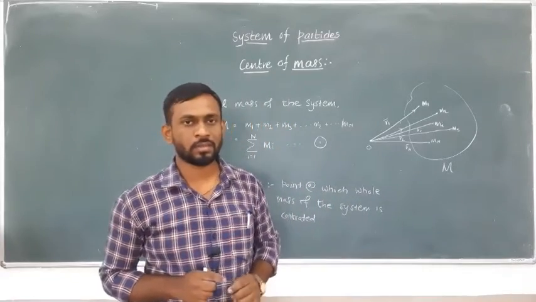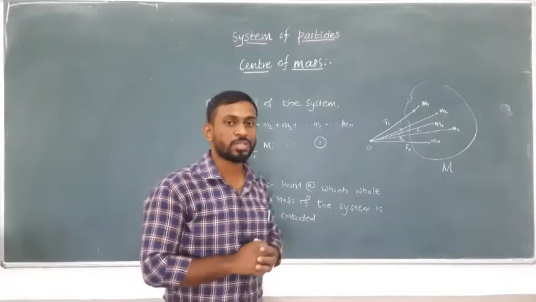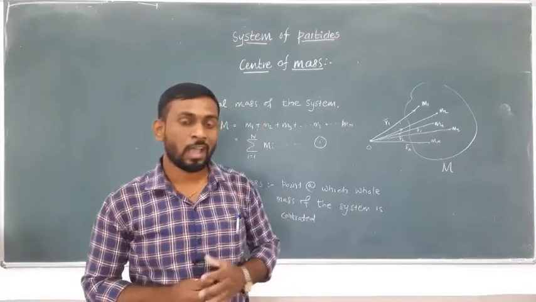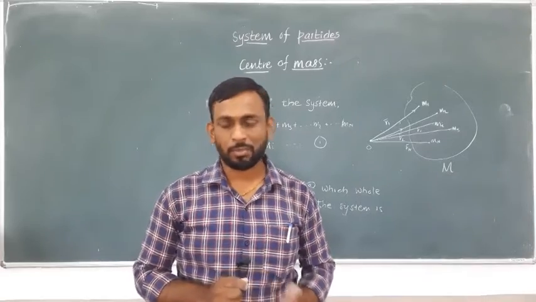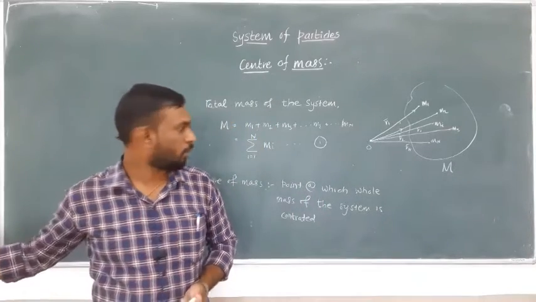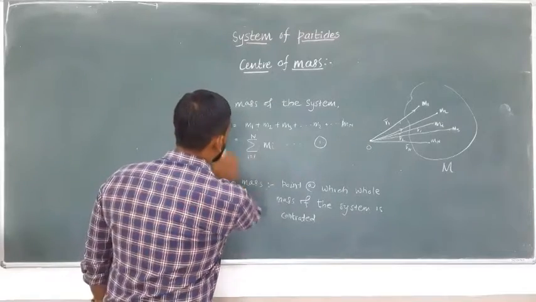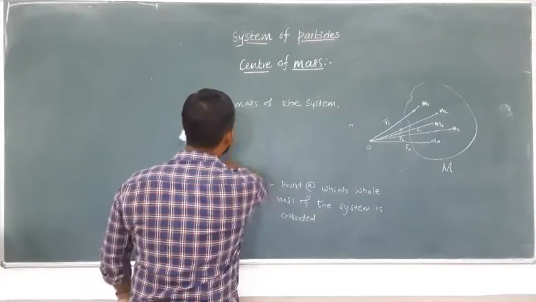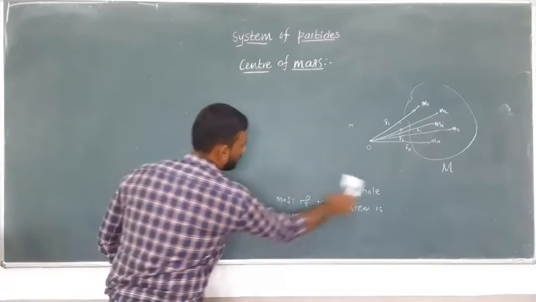But if you want to find the position vector of the center of mass, how do we find it? Mathematics helps us find the position of the center of mass of the system, so we can easily calculate its position vector.